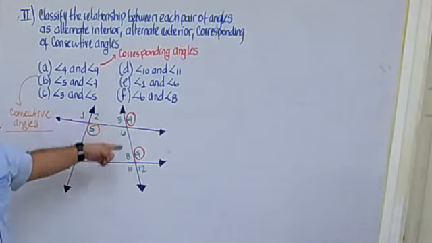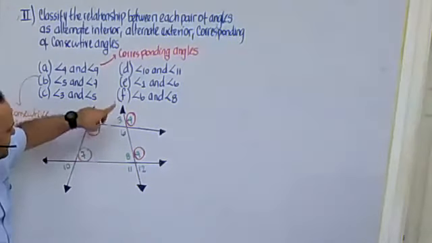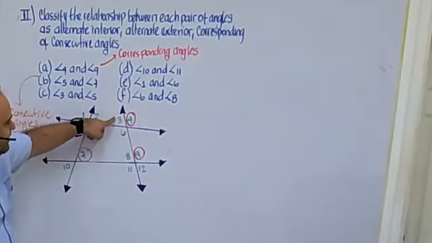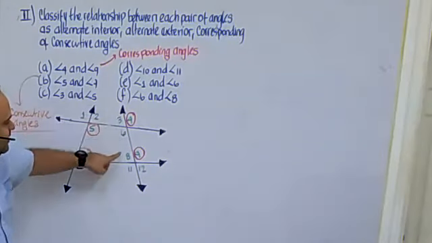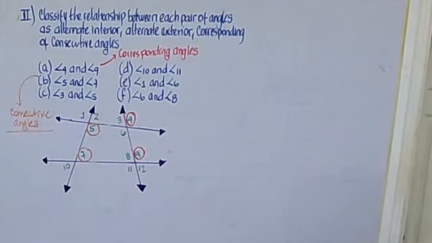And as another example, we can say the angle 3 is corresponding with the angle 8 because it has the same position: left side of the number 4, and the 8 is on the left side of the number 9. For that reason, those will be corresponding angles. Got it?